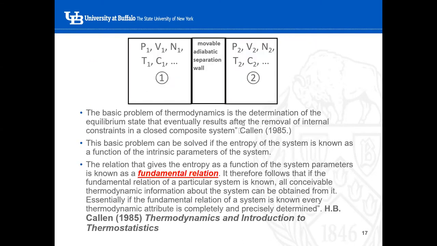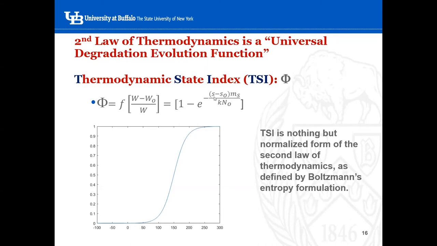Now, S minus S naught is the change in entropy. This is a molecular mass, Avogadro's constant, Boltzmann's constant. So I just need to calculate this between two states.